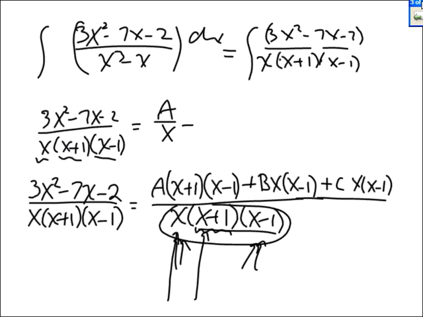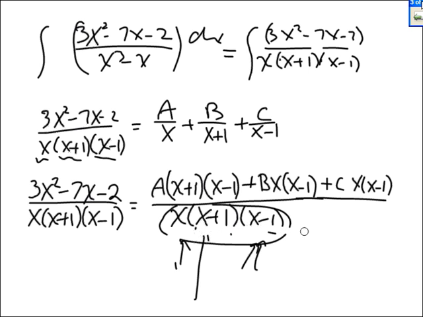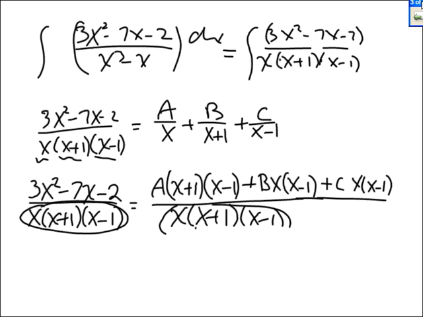A over x plus b over x plus 1 plus c over x minus 1. Alright. Now, we need to clean up the numerator. We need to clean up the numerator on the bottom. Okay. Since the two denominators are equal, and we're claiming the fractions are equal, I know that the numerators are equal.